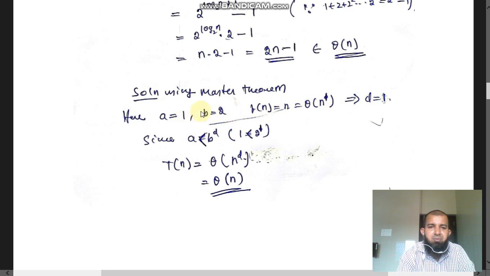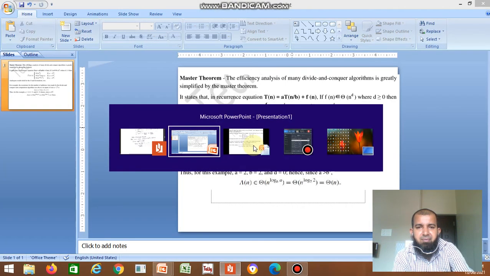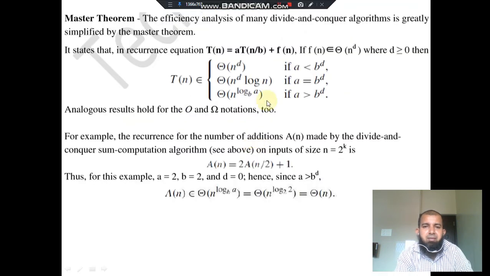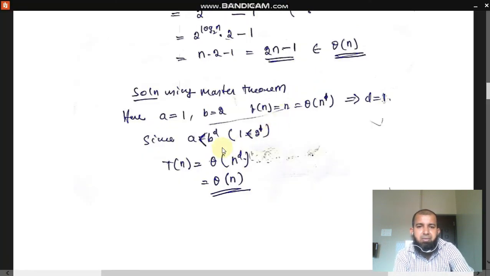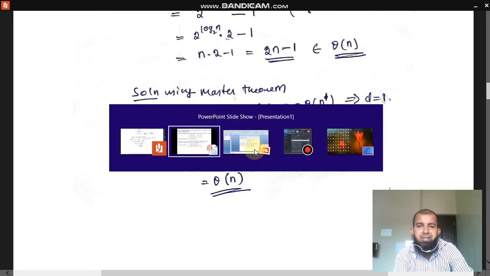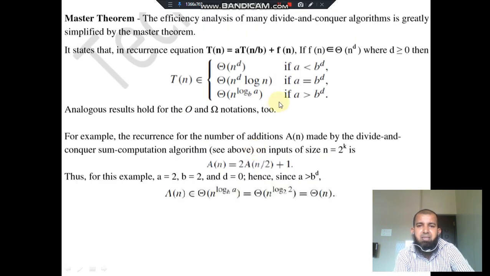Here 2 to the power of 1 is 2, so 1 is less than 2. So which case is it? Here a is less than b to the power of d.